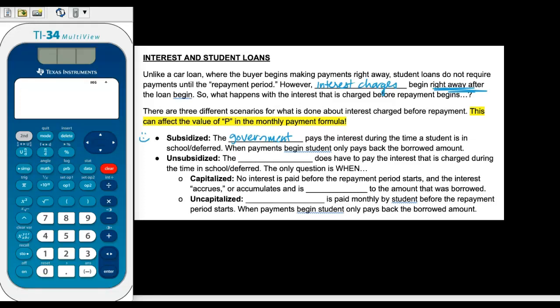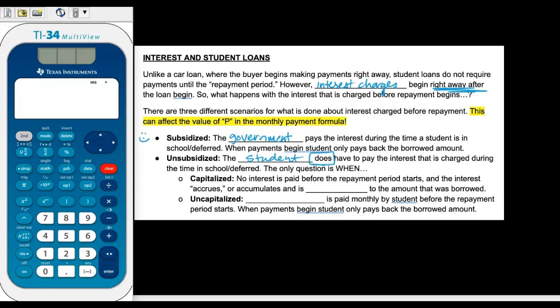And then there's unsubsidized loans, and those are loans where the student does have to pay the interest that's charged during their time in school. The question is when they have to pay that interest. These two bullets fall underneath the unsubsidized category. If it's an unsubsidized loan, the interest can be handled in two ways.